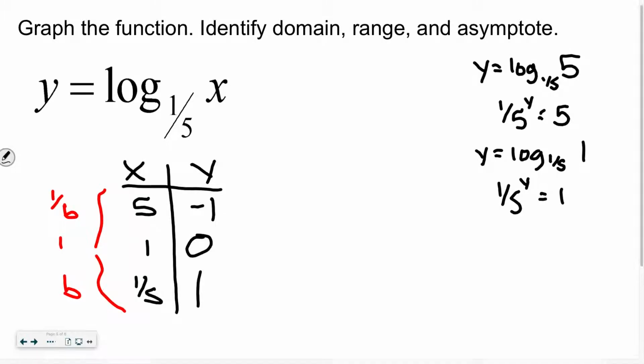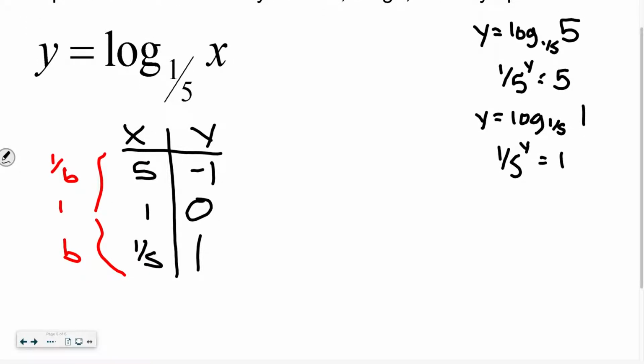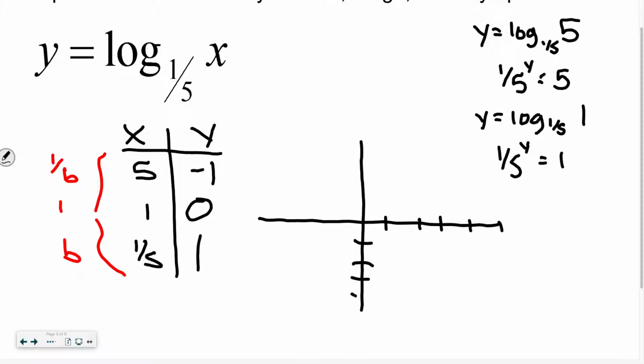Okay? So let's plot those points. Let's see, 5, -1, 1, 0, and 1/5, 1.